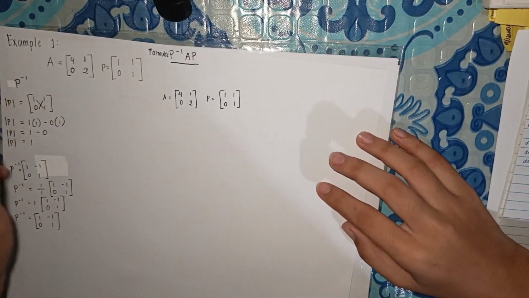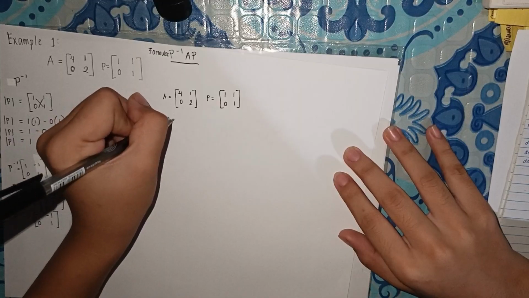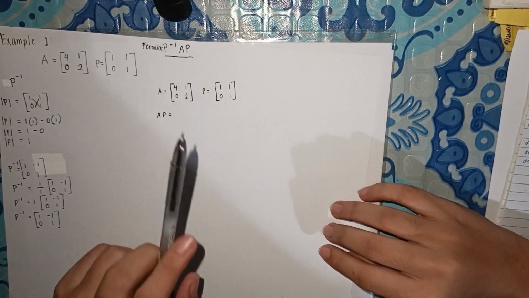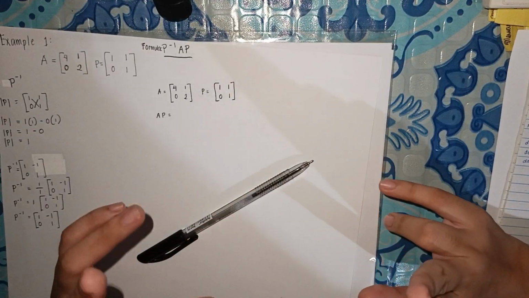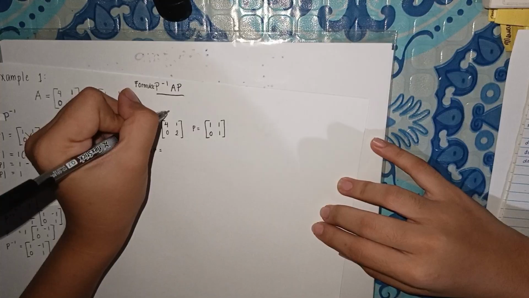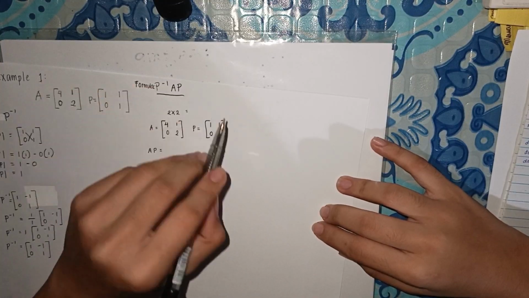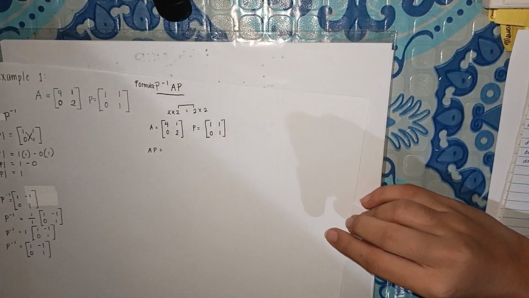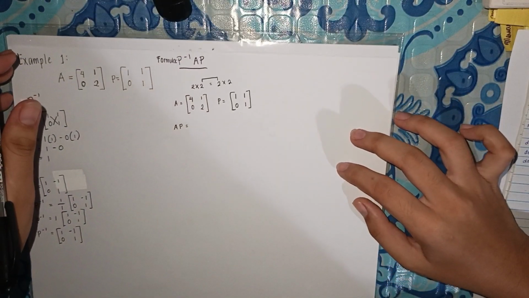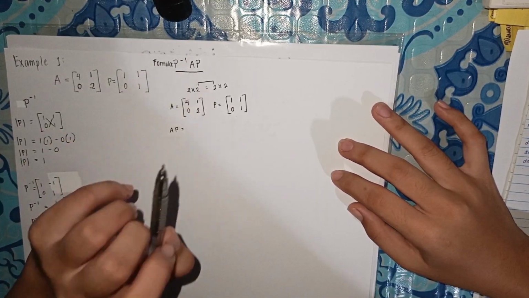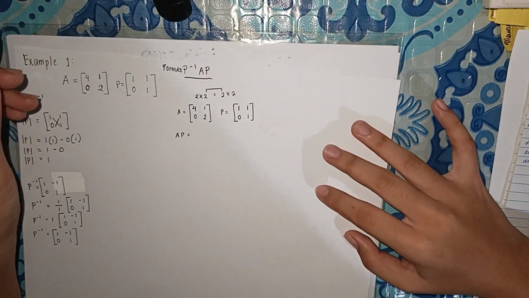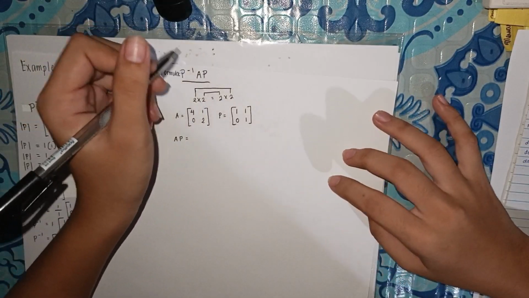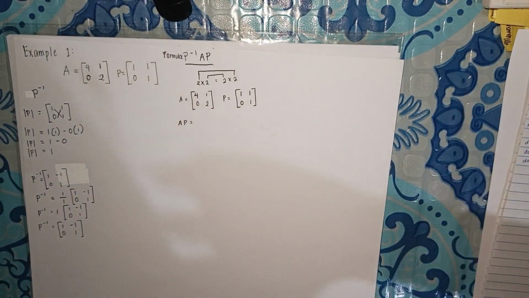Now, to multiply these matrices, we need to know if their inner numbers are the same. This one is 2 by 2, and this one is 2 by 2. So their inner numbers need to be the same for us to multiply them. If they are not the same, they cannot be multiplied. The outer numbers give the size of the resulting matrix.